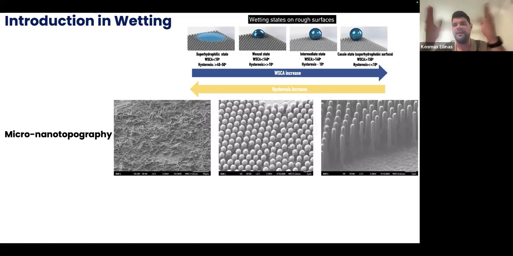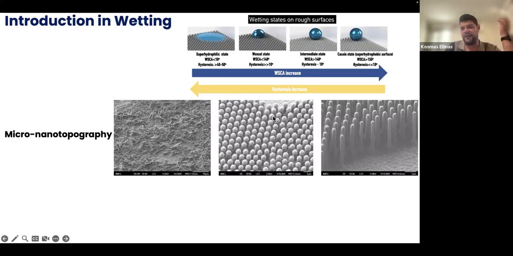So by probing neighborhood, let's say, areas on the surface, I can have this dynamic range of measurement, which is called hysteresis. And from this, I can understand the adhesion of the liquid with the solid.